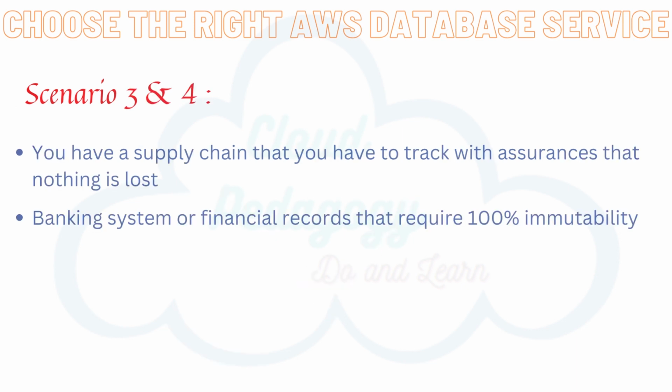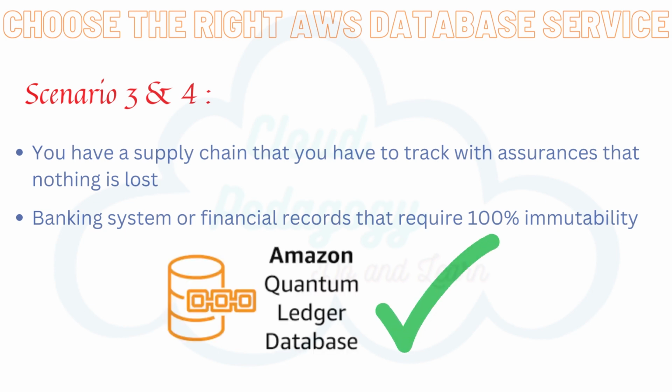Next, in another use case, perhaps you have a supply chain that you have to track with assurances that nothing is lost, or you have a banking system or financial records that require 100% immutability. In this case, what you really need is an immutable ledger, so perhaps Amazon QLDB, or Quantum Ledger Database, is a better fit for this use case.